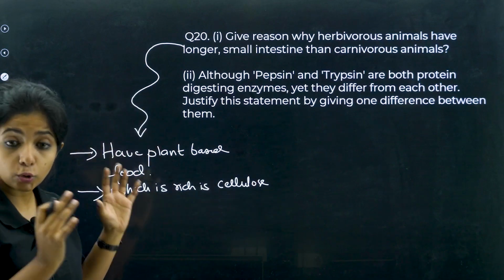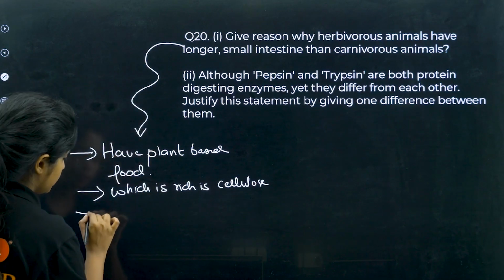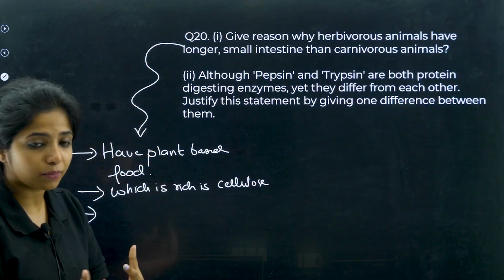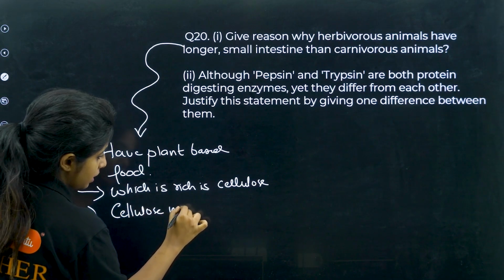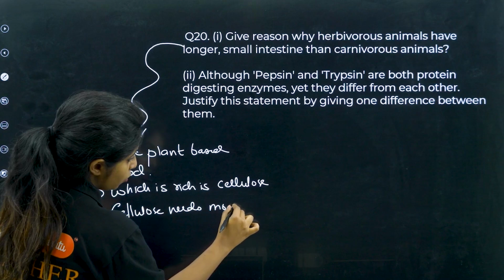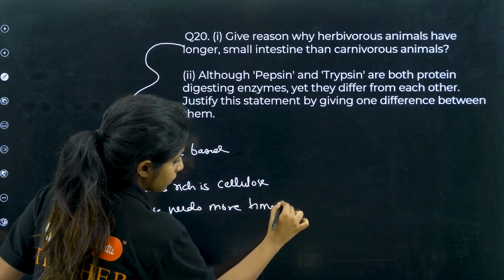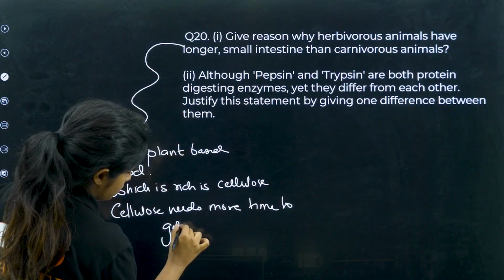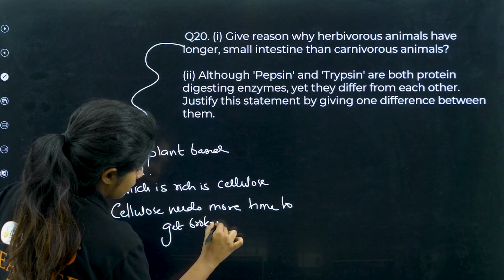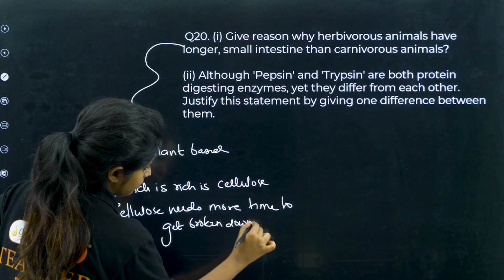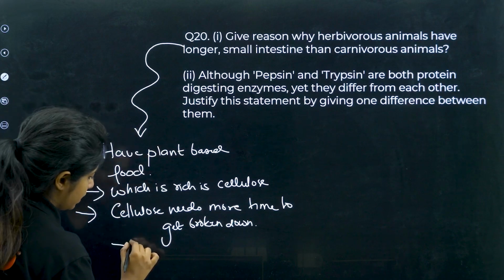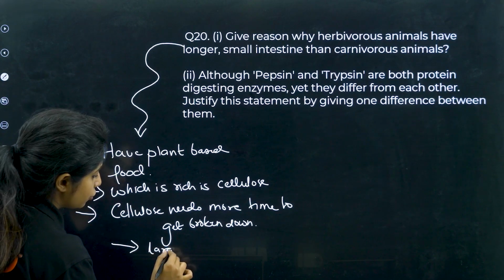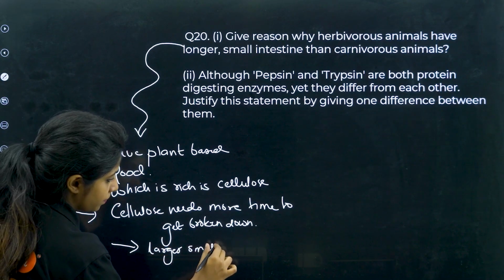Now if cellulose is there, what's the problem? Cellulose needs more time for getting digested. Cellulose needs more time to get broken down, which is why they have a larger small intestine.